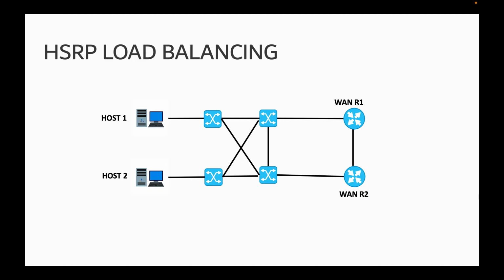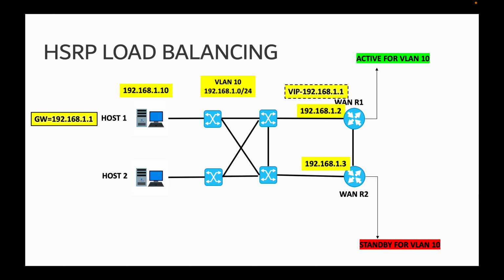HSRP supports load balancing by preferring different routers to be the active routers in different subnets. So you can have different subnets in your network, and make both routers work as active router for different subnets. HSRP can be configured to prefer one router as the active router in one VLAN.